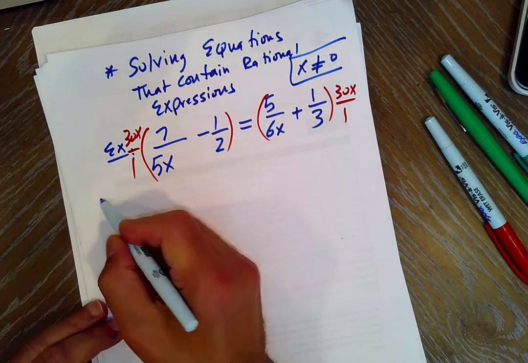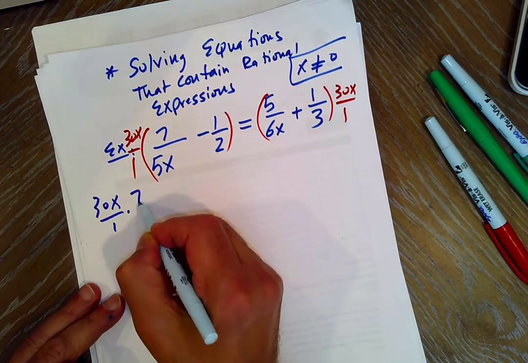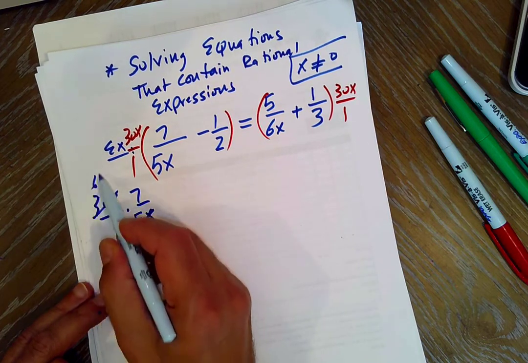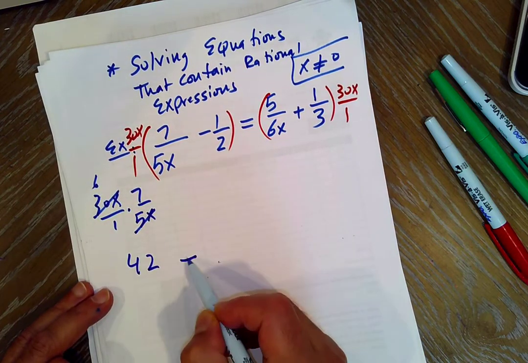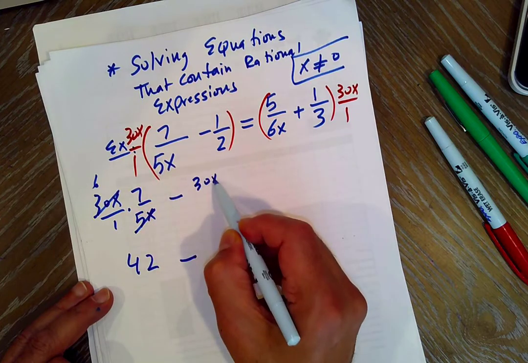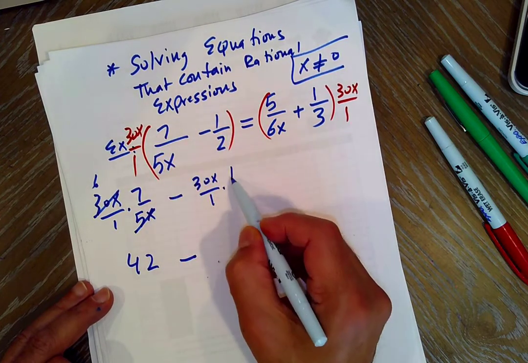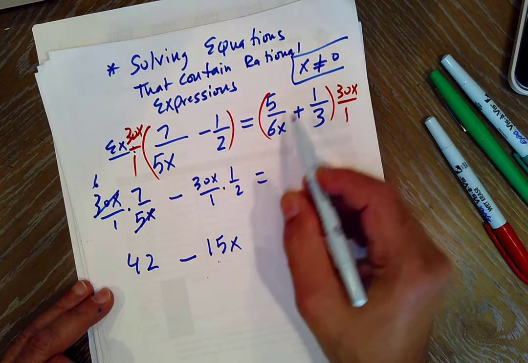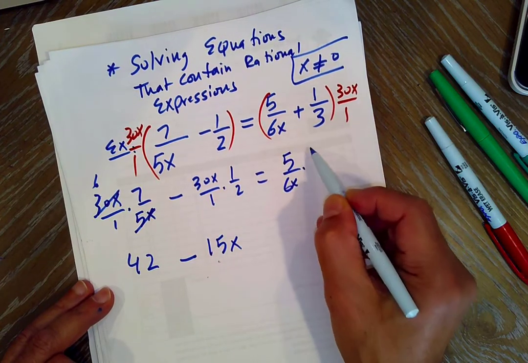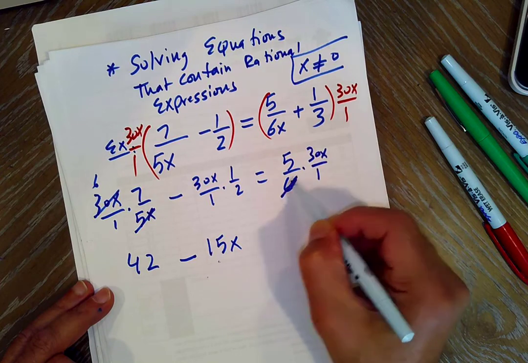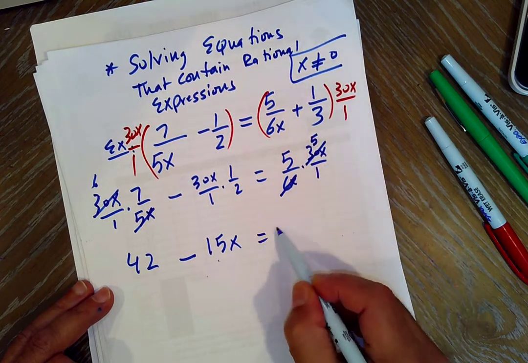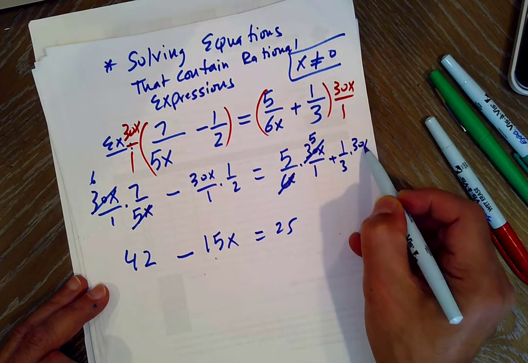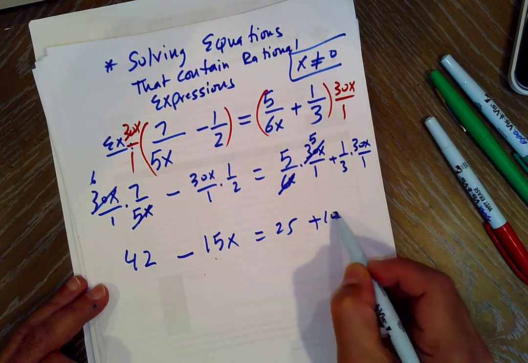So when we do 30x over 1 times 7 over 5x, 5x cancels, you get 6. 6 times 7 is 42. You do 30x over 1 times 1/2, that's 15x, equals, when you do 5 over 6x times 30x over 1, 6x cancels, that's going to be 5 times 5, it's 25. And when you do 1/3 times 30x over 1, that's 10x.